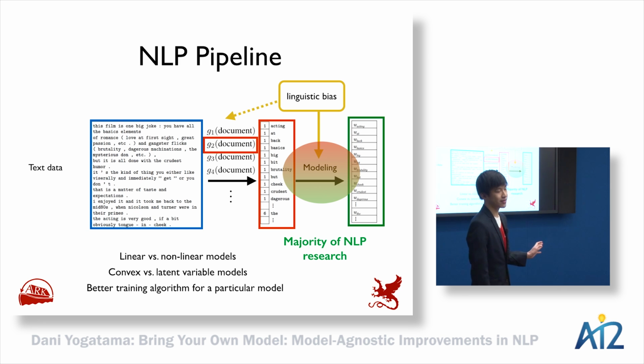Now, there is nothing wrong with this. In fact, sometimes I also do that. But this kind of improvement is what I would call model specific, because we're changing the model class. We're moving from one model class to something either more expressive or with better statistical guarantees, basically. So that's not going to be the focus of our talk today.